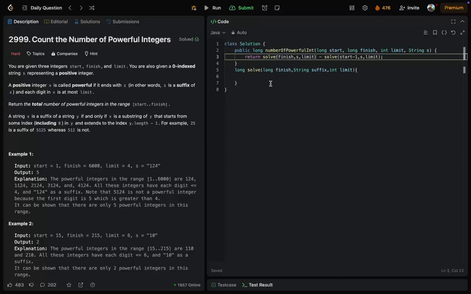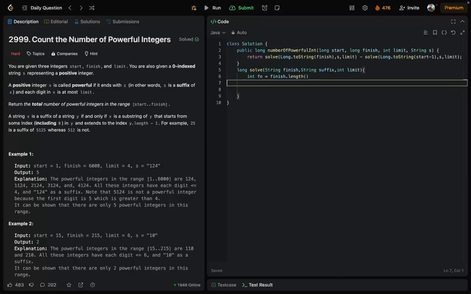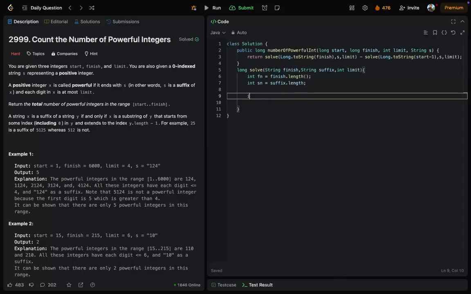And instead of this, what I will do is get finish as a string. So I will first figure out the prefix length, and before that let me calculate the finish length, and suffix length, and then we have prefix length, which is finish minus s, right.